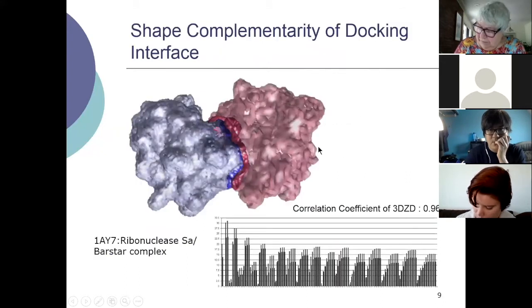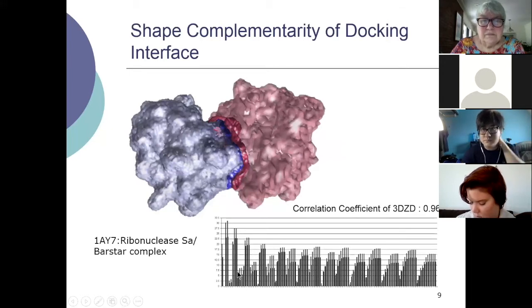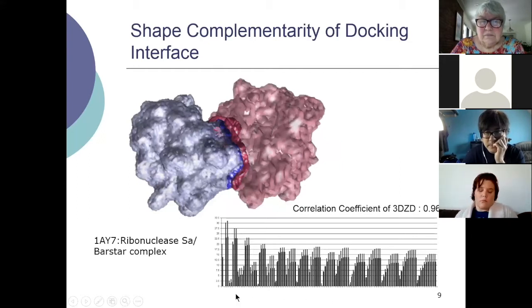So here, this is one example of how a surface region can be described by 3D Zernike descriptors. This is the ribonuclease and barstar complex, and the surface region is shown in blue and red here, and the graph is showing the coefficient values of the 3D Zernike descriptors along the x-axis. This is the position of the coefficient values. The first value is the coefficient value of the first term, then the second term, third term, and so on.